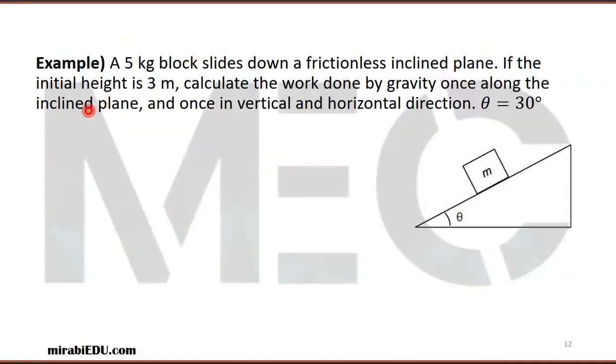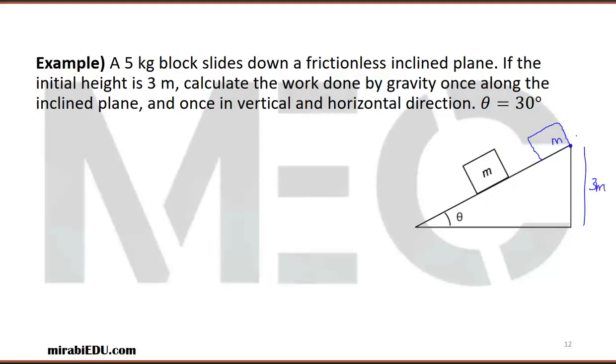Let's do one example. A 5 kilogram block slides down a frictionless inclined plane. If the initial height is 3 meters, calculate the work done by gravity once along the inclined plane and once in vertical and horizontal direction. So assume that the initial position of this mass is here and the initial height is 3 meters.